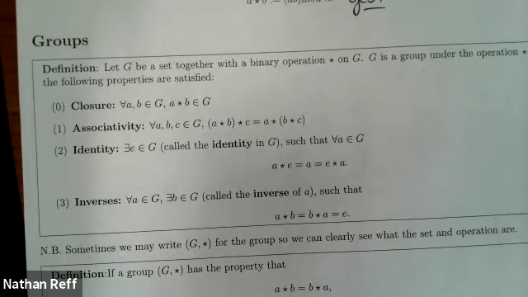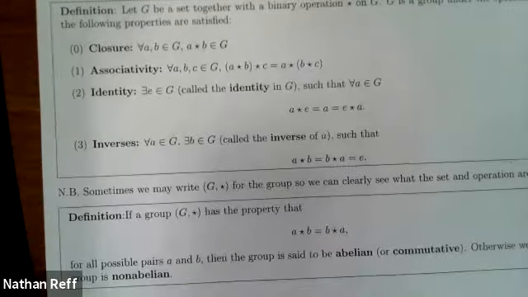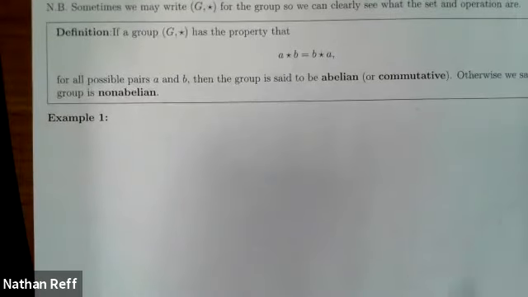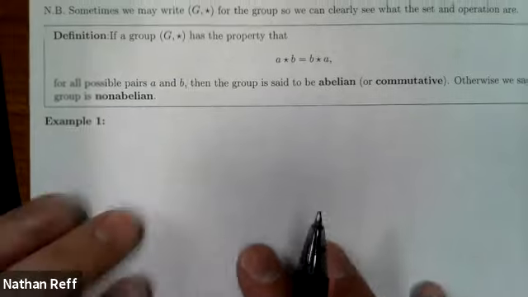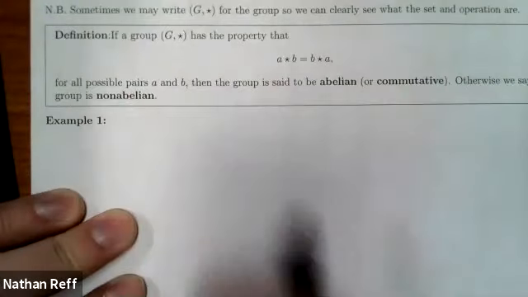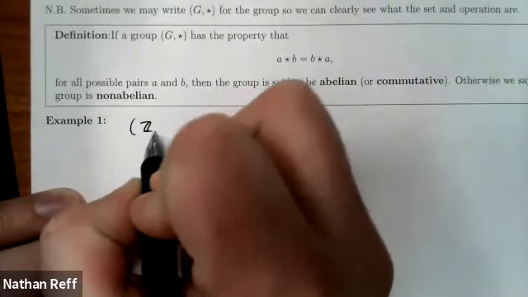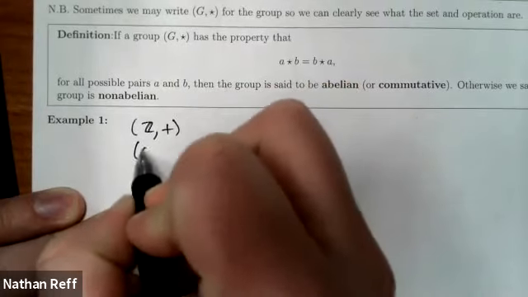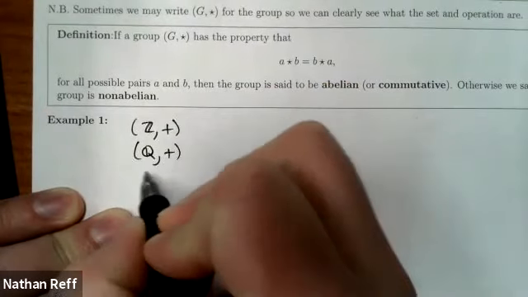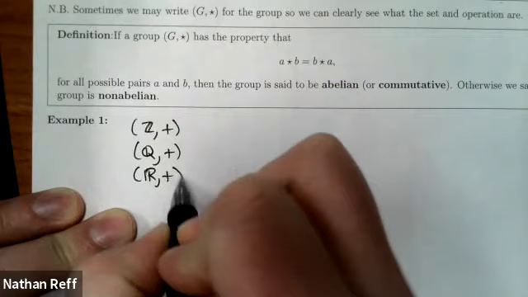Let's see. Okay. Next, let's just do a bunch of examples. I call this the zoo of groups because I'm going to give you a whole bunch of examples of different types of groups. And I'll give you a nice chart in the end. So integers under addition, rationals under addition, reals under addition.